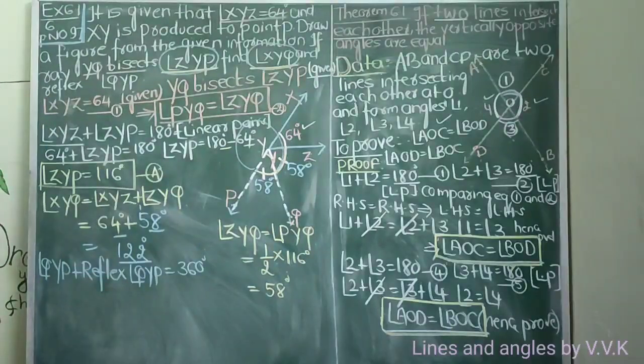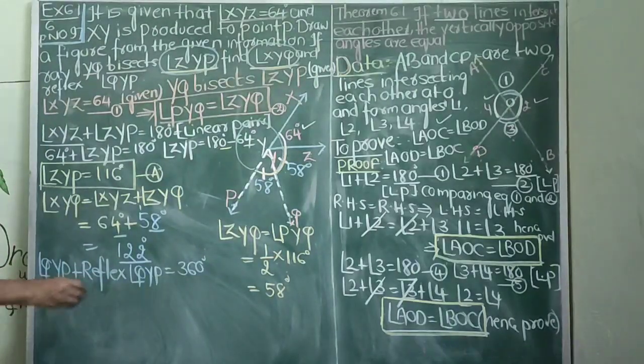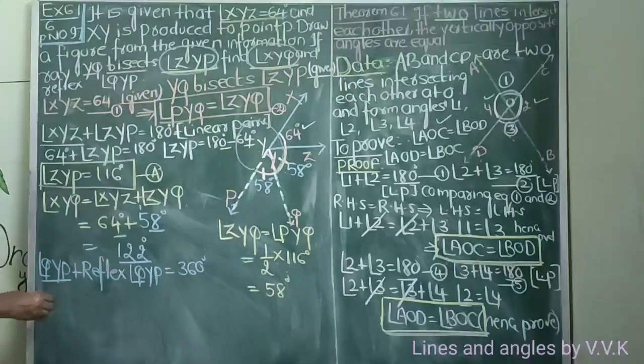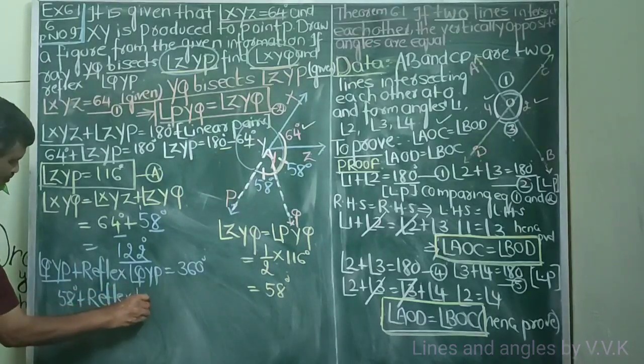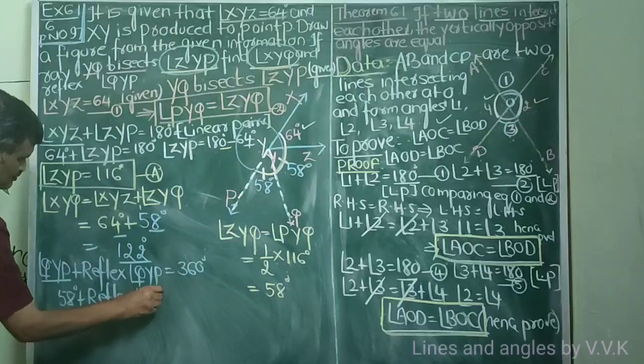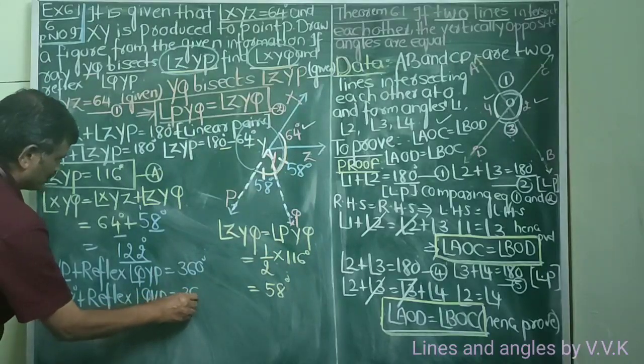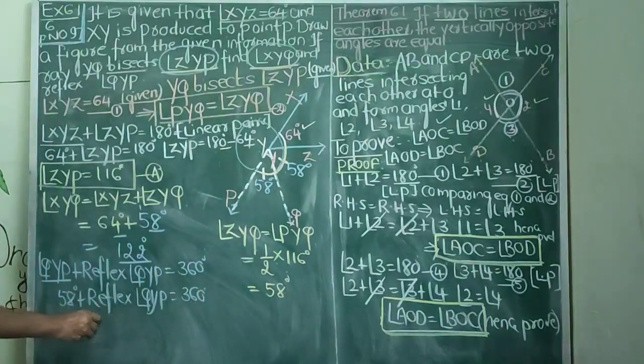So QYP I have already told you, it is equal to how much? 58 degrees plus reflex QYP is equal to 360. So you want reflex QYP.